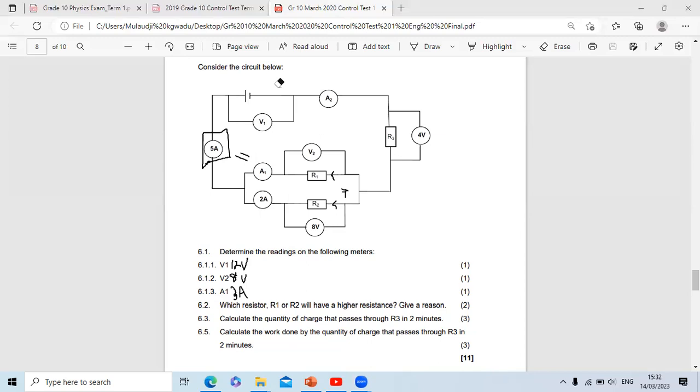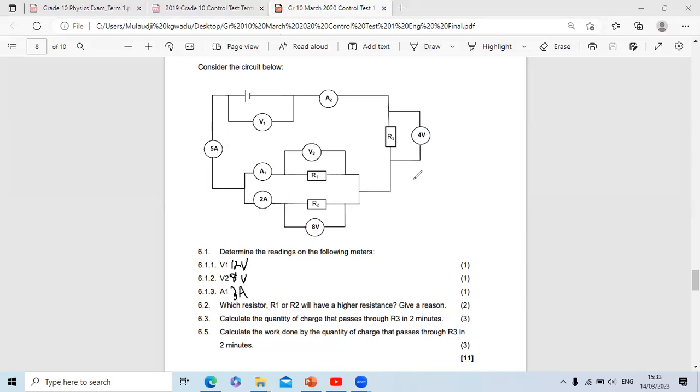So now they ask which resistor, R1 or R2, will have a higher resistance, and to give the reason. What you're going to say is that we're going to look at Ohm's law.